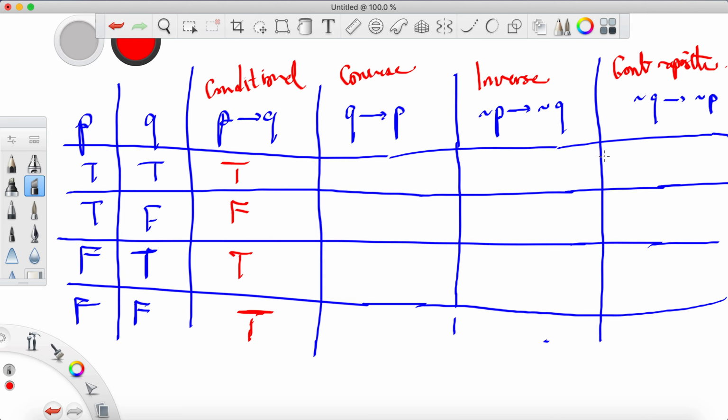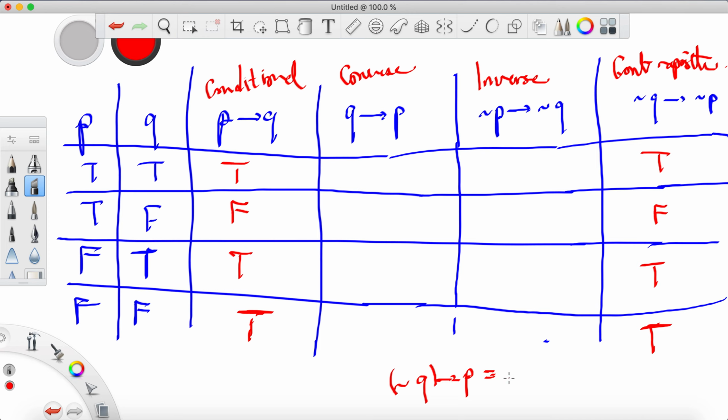Now, the contrapositive is actually logically equivalent to P implies Q. And if you don't see why that is the case, go ahead and just stare at it for a second. So you have not Q implies not P, right? And what is that equal to? Well, we can put a little parentheses around this maybe to help.